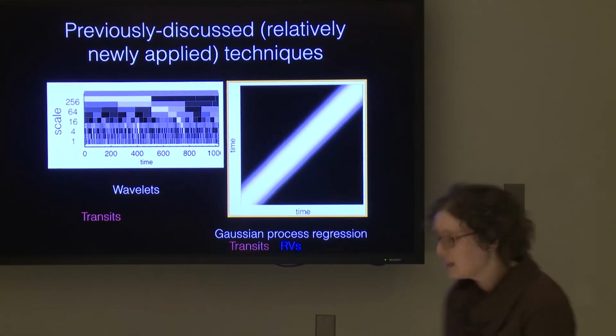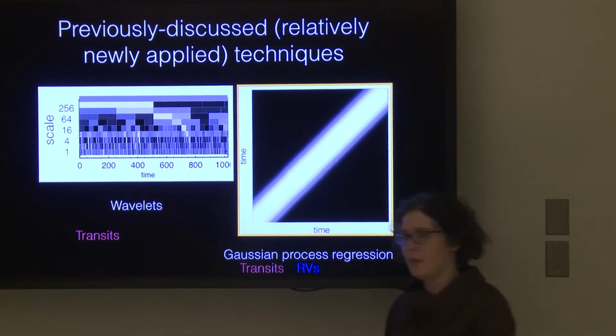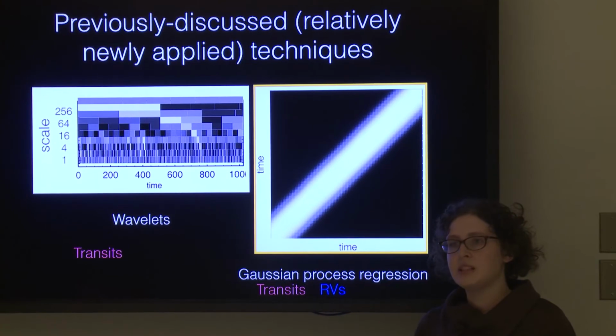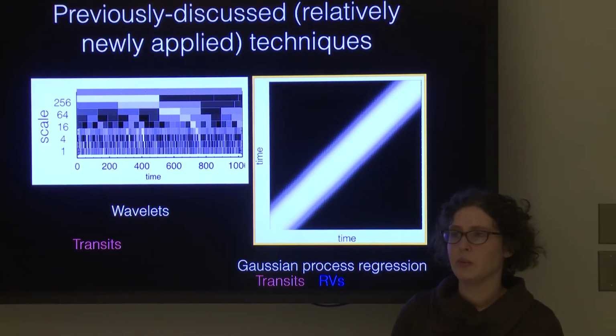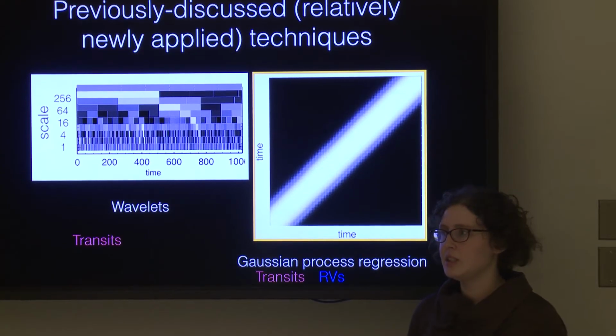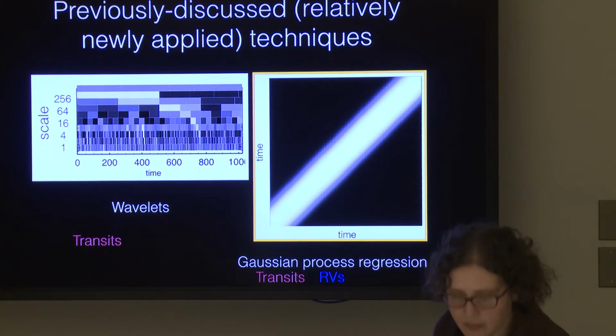So wavelets have mostly been used for transits. I believe that's because most of the wavelet transforms that we've been using assume evenly spaced data. I have seen some wavelet transforms that you can use on unevenly spaced data.